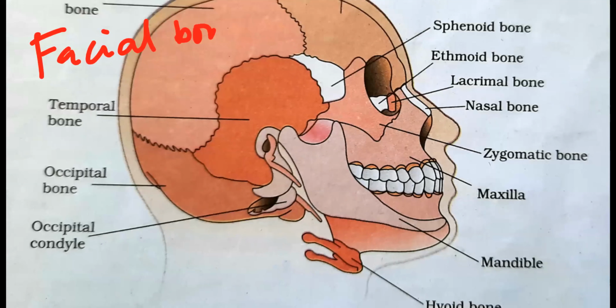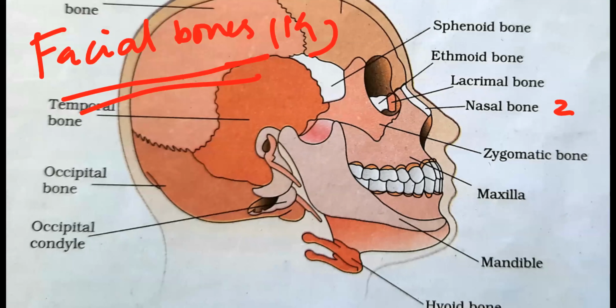This includes pair of nasal bones, then the pair of maxillae, then pair of palatines, then there is a pair of zygomatic bones.